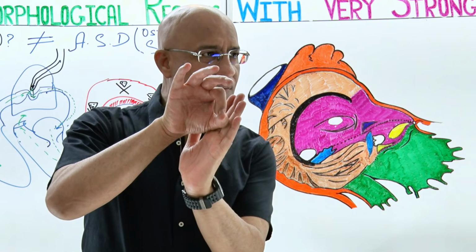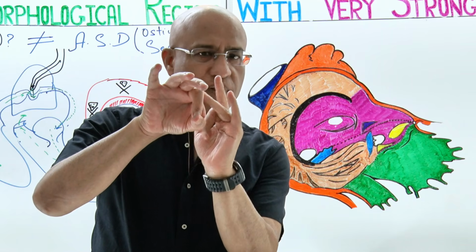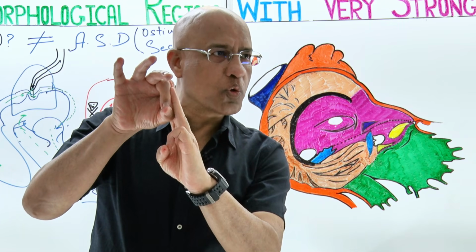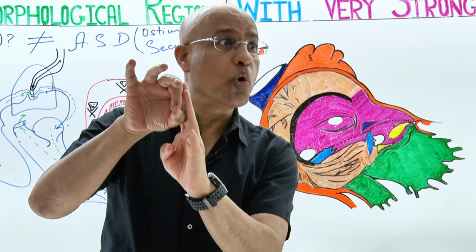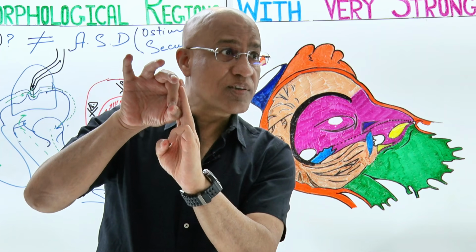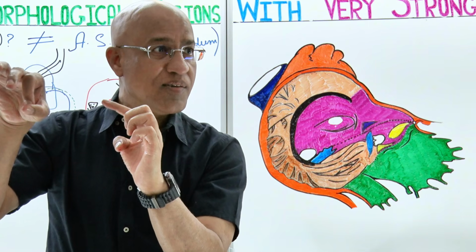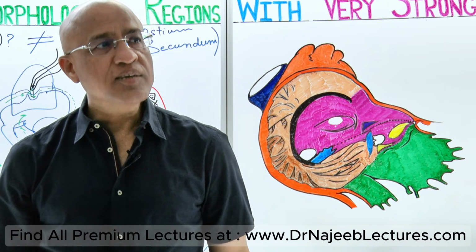Again, this should be completely closed. But if, for example, it does not have full tissue to close, the septum primum is underdeveloped. Either it is over-reabsorbed or it is underdeveloped and it leaves a permanent hole, right? We call it ostium secundum.